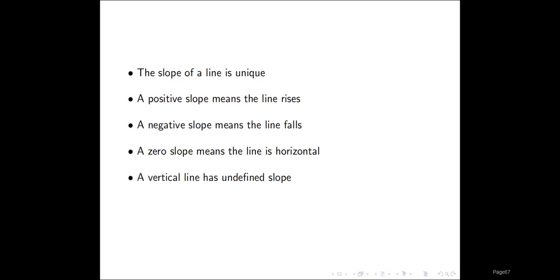And finally, what if the line is vertical? We know that the vertical line has infinite slope. Okay, because when you divide by the change in x, we know that since it's a vertical line, there is no change in x. In a vertical line, all the x coordinates are the same.